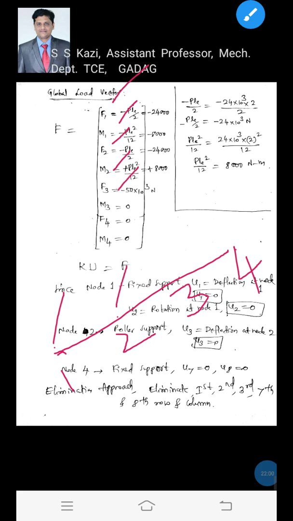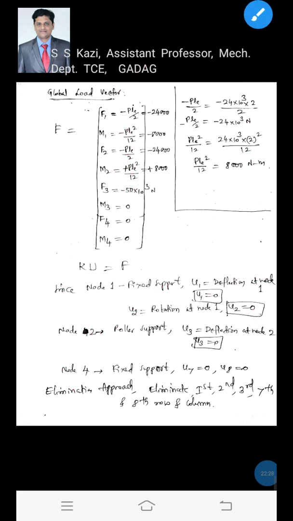F3 M3 applied force and applied moment at node 3. F4 M4 applied force and applied moment at node 4. F1 M1 F2 M2 I wrote the values by using the formula, because node number 1 to node number 2 is subjected to UDL.